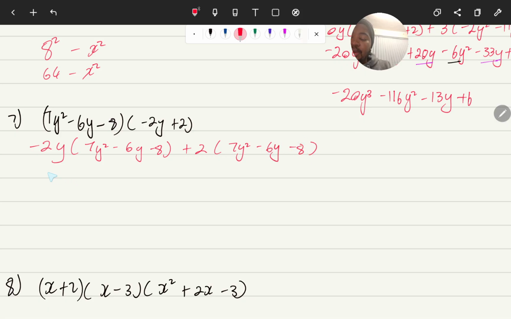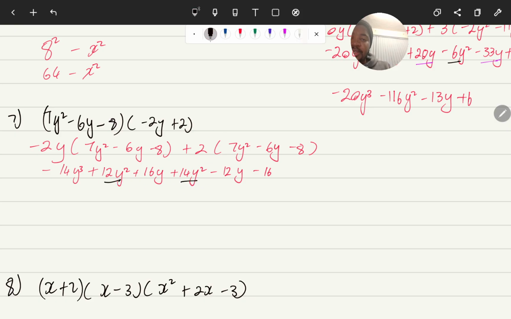And then you have minus 14y to the power of 3 plus 12y squared plus 16y. Then you have plus 14y squared minus 12y minus 16.